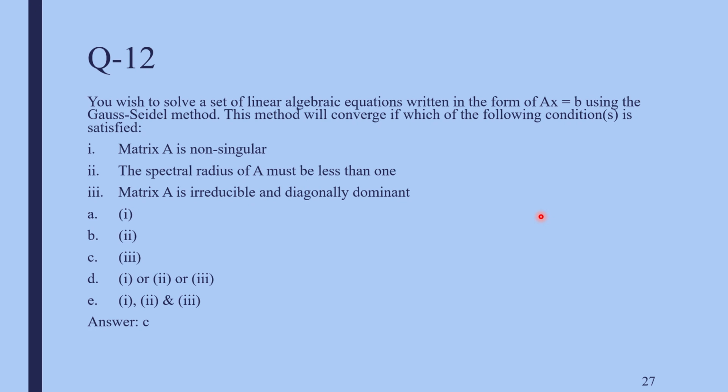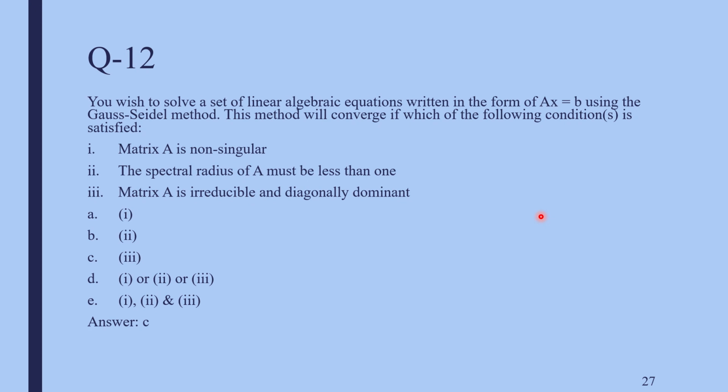Matrix A is non-singular. A non-singular matrix should be a square matrix and it should have a non-zero determinant. And spectral radius of A must be less than 1. Spectral radius is the maximum value of the absolute value of the eigenvalues for that matrix A. Option 3 is the important one, because matrix A is irreducible and diagonally dominant.